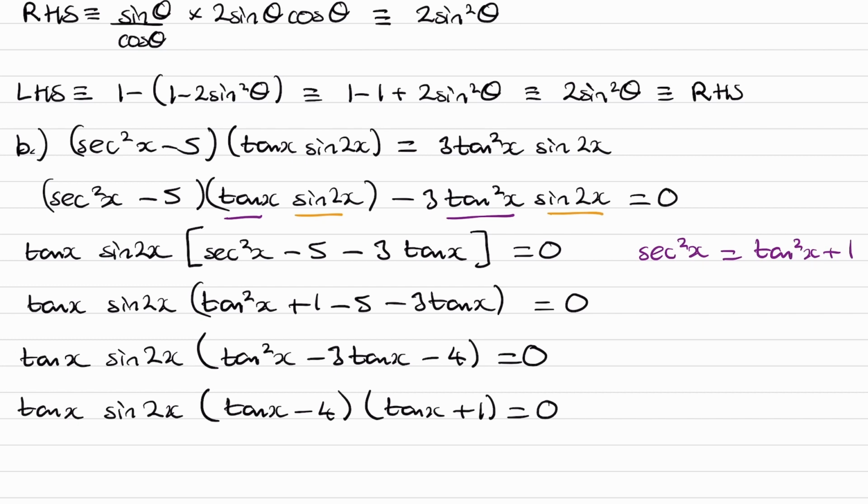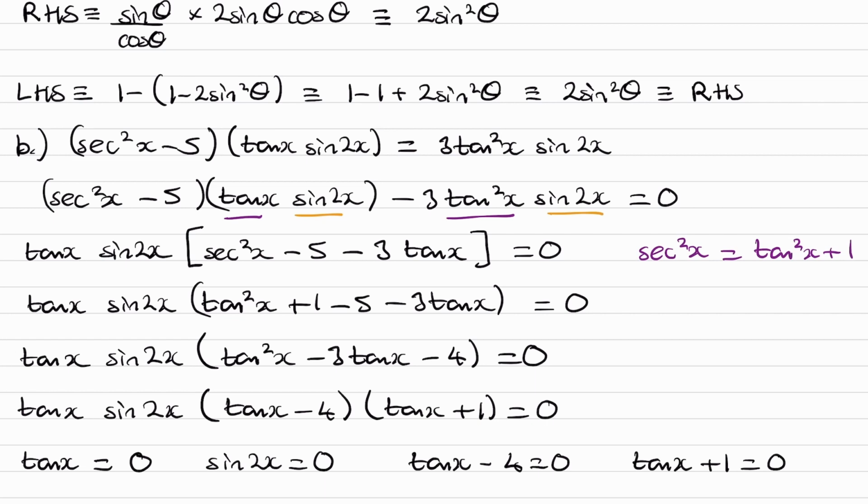That means that if one of them is 0, the whole thing is 0. So we get our solutions from tan x equals 0, sine 2x equals 0, tan x minus 4 is 0, and finally tan x plus 1 is 0.